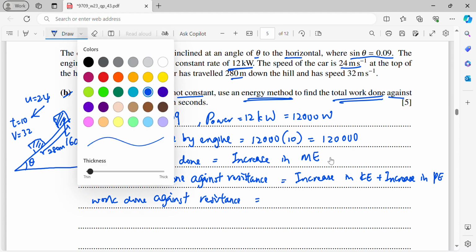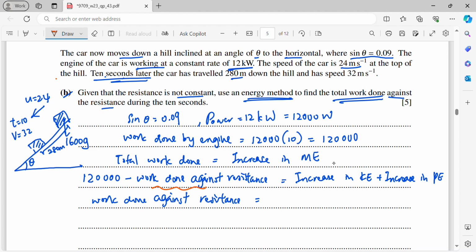So I will just move this to the right side and move these two terms to the left side. So here it becomes 120,000 minus the increase in ME, which is basically the final ME minus the initial ME.